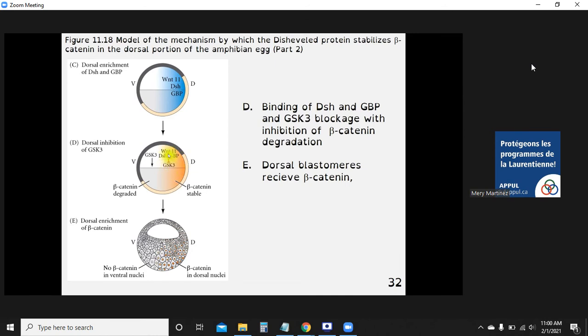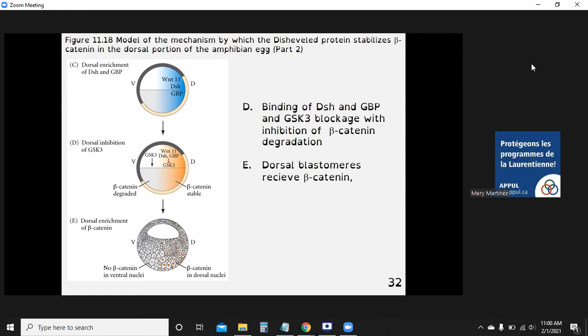And that inhibition in this dorsal section prevents the degradation of beta-catenin in that dorsal side of the embryo. Okay, so by blocking the GSK3, which normally degrades beta-catenin, beta-catenin is maintained and stabilized in this dorsal section.